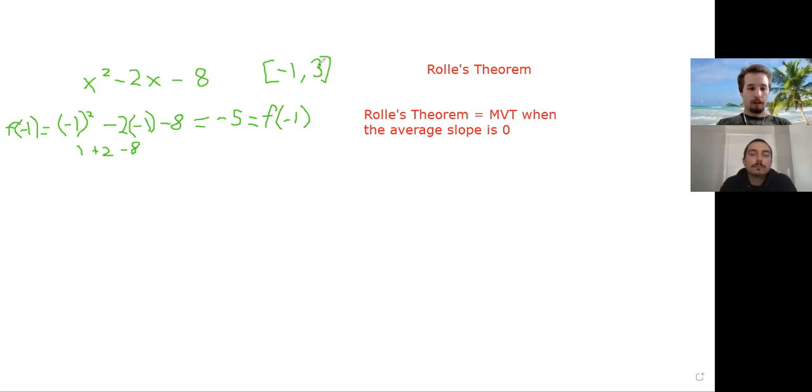When we plug in the other side of the interval, so we plugged in -1, because that's one side of the interval, now we need to do the other side, which is 3. So we get 9 minus 6 minus 8, which is -5.